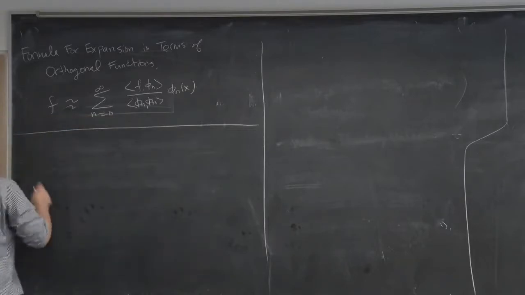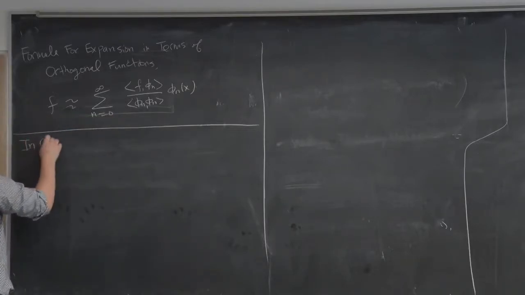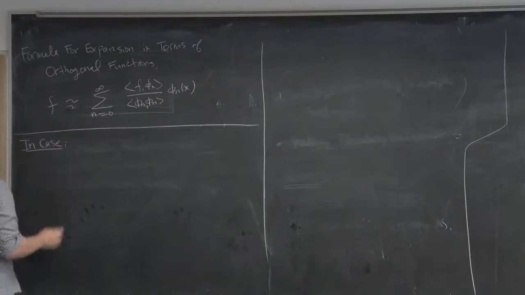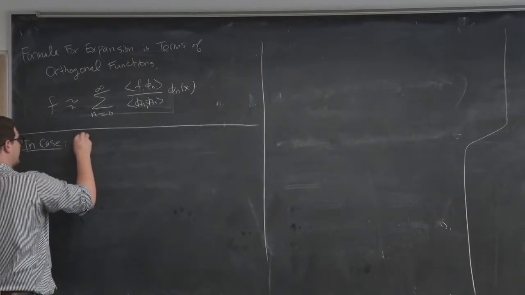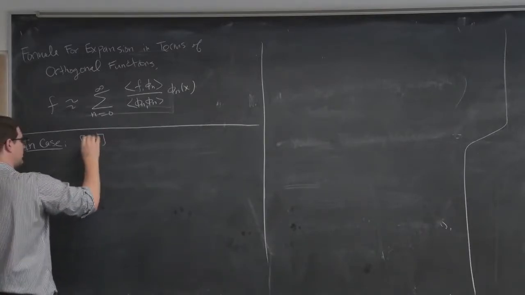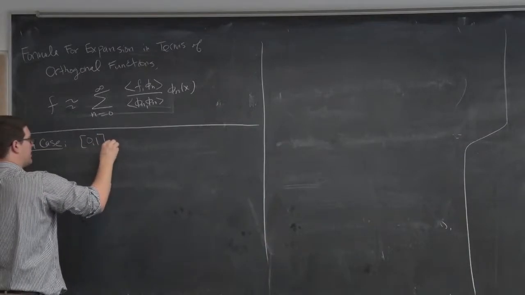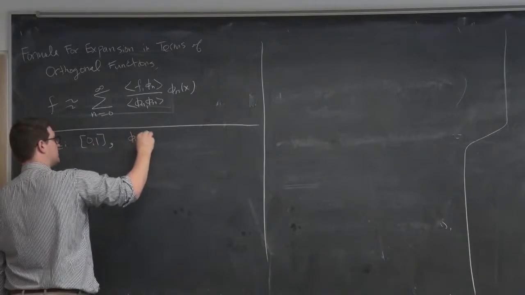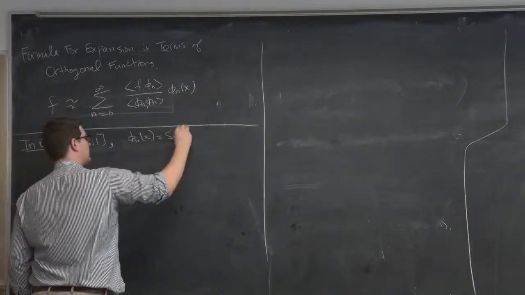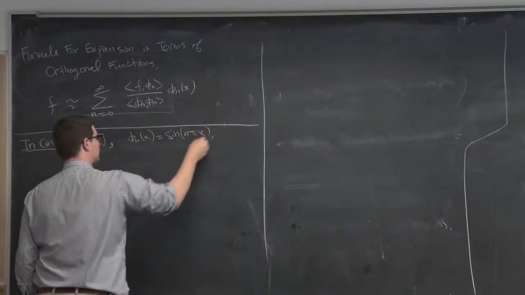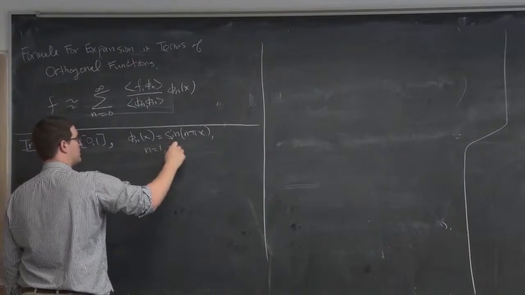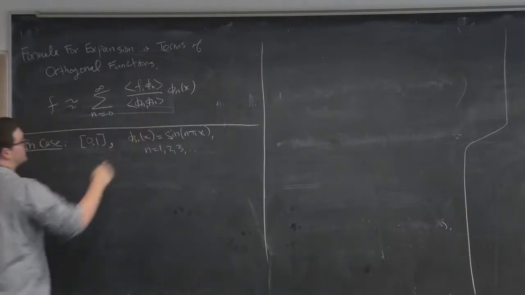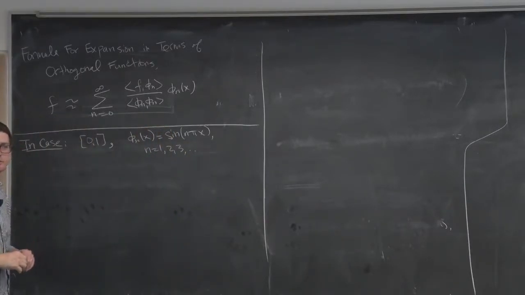So we figured out what our eigenfunctions were from this vibrating string problem. We had this interval 0 to 1, and then we had these functions phi n equals sine n pi x, where n starts at 1, 2, 3. Notice the indexing here doesn't necessarily have to correspond to the indexing there.